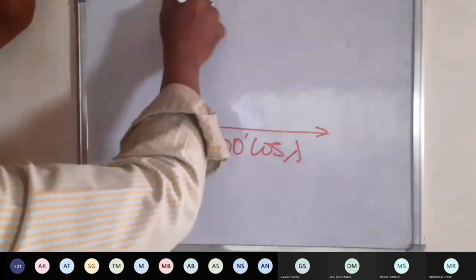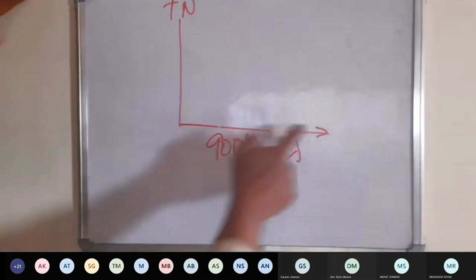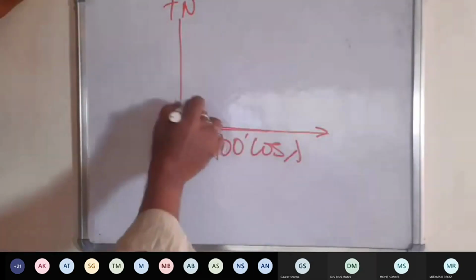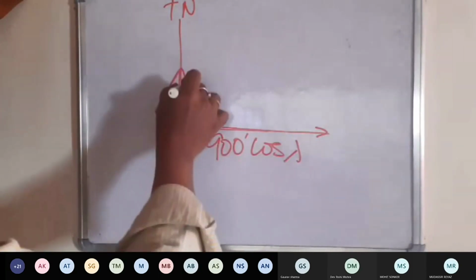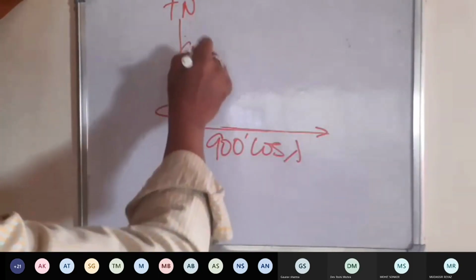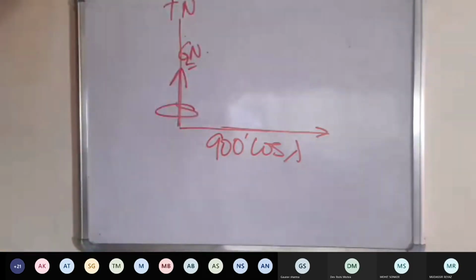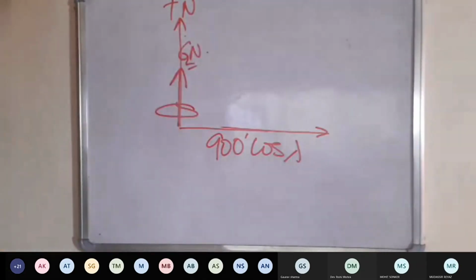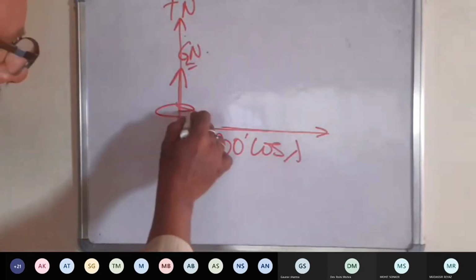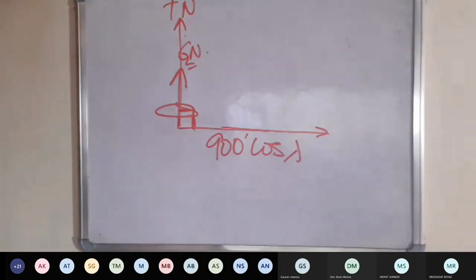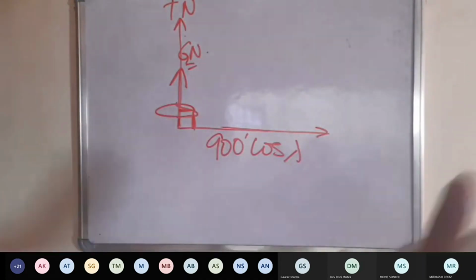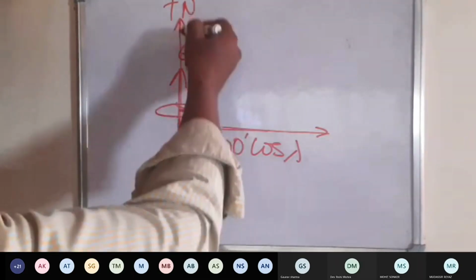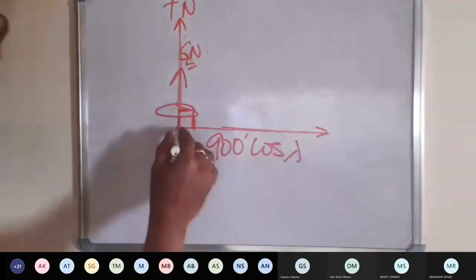True north is here. If the gyro compass is stationary at this place, the gyro compass is also pointing here, which is the gyro north also. The north pointing, both are same and both are perpendicular to the Earth's motion. Is it fine up to here? The gyro is also pointing towards true north, so everything is aligned, no problem.